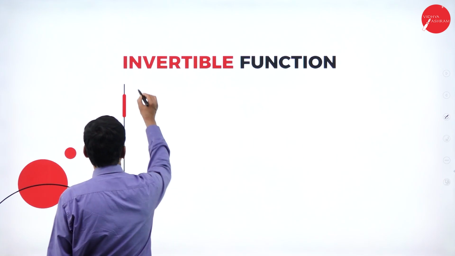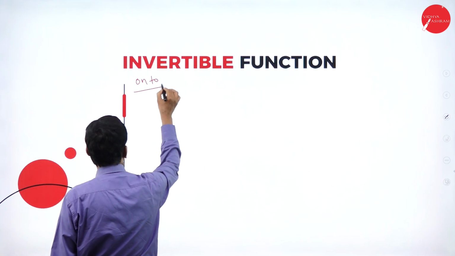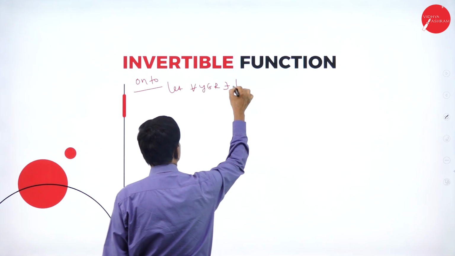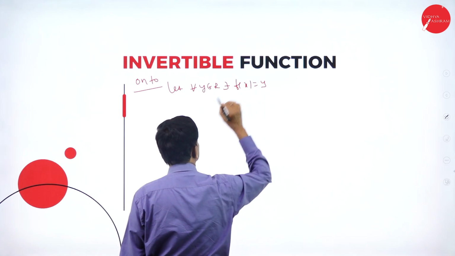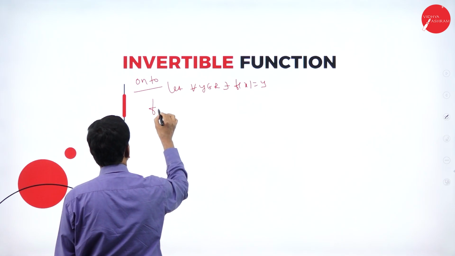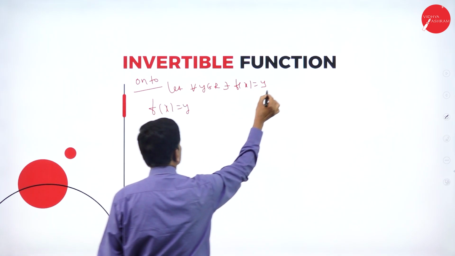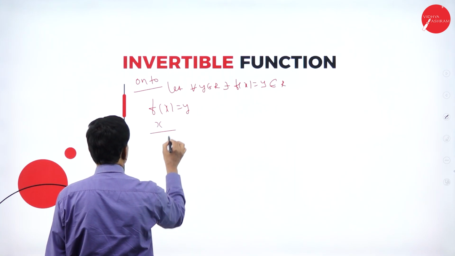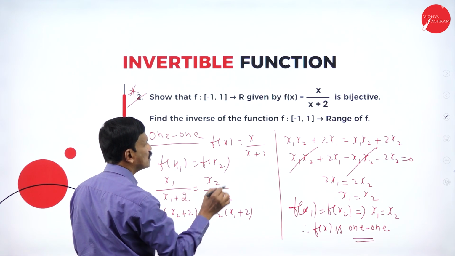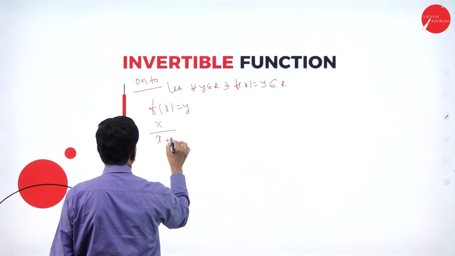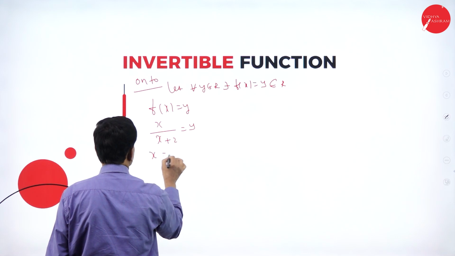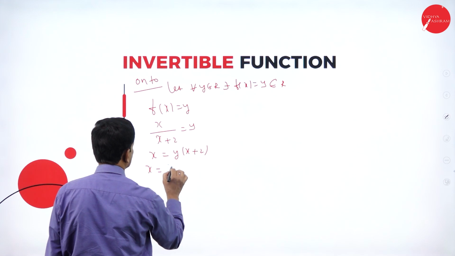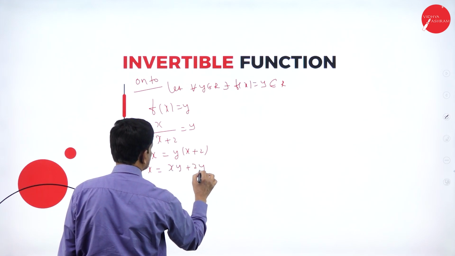Now, to verify onto, let for all y belongs to Y, there exists x such that f of x is equal to y. Now, f of x is equal to y, which belongs to R. So f of x is equal to y means x divided by x plus 2 is equal to y. Just cross multiply: x is equal to y into (x plus 2), that is xy plus 2y.